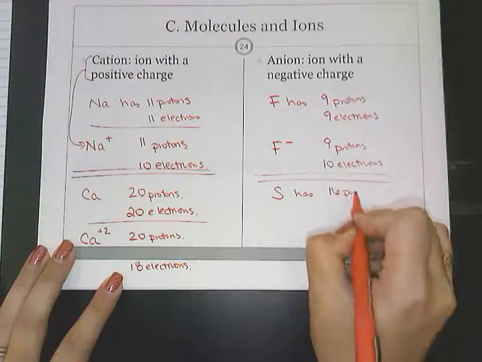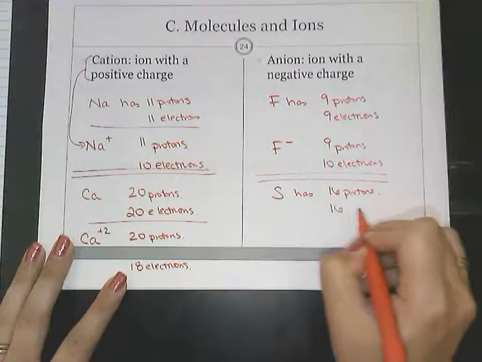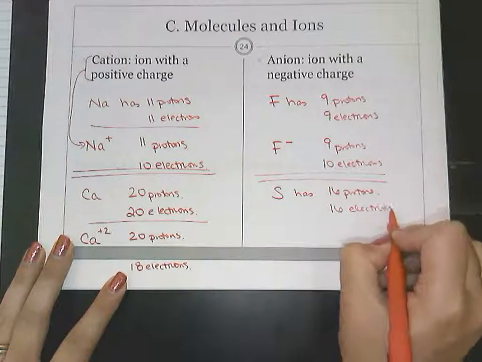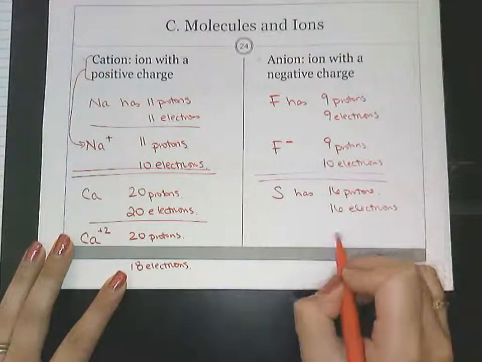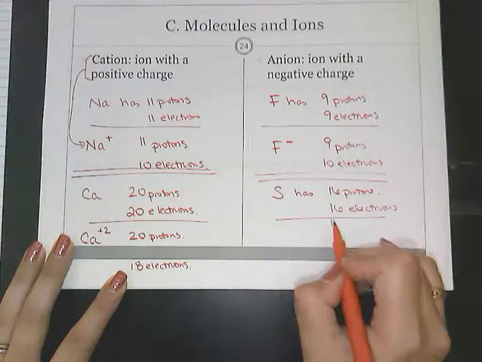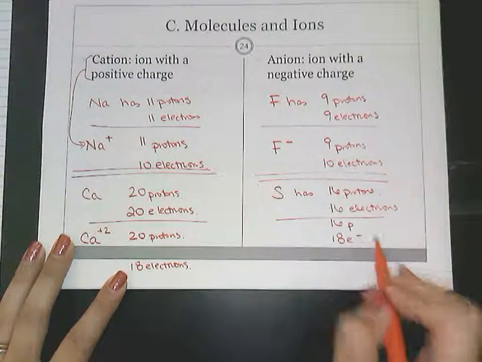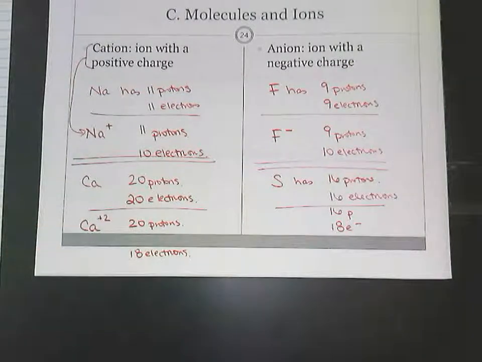So then it must have 16 electrons. If I have a version of sulfur that is 16 protons and 18 electrons, how do I tell the reader that? What letter symbol do I give it? All right, so I still call it S, then -2.